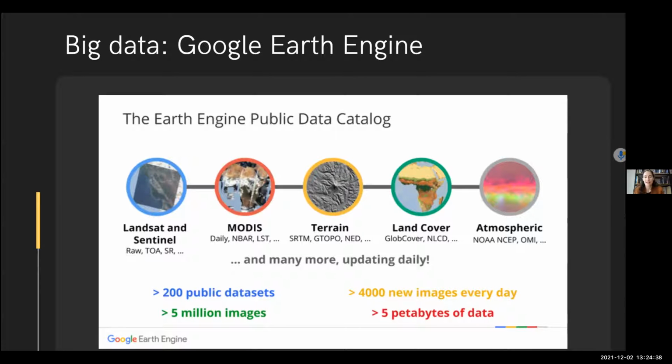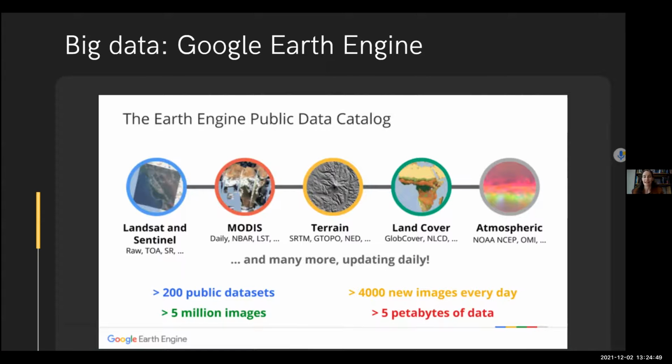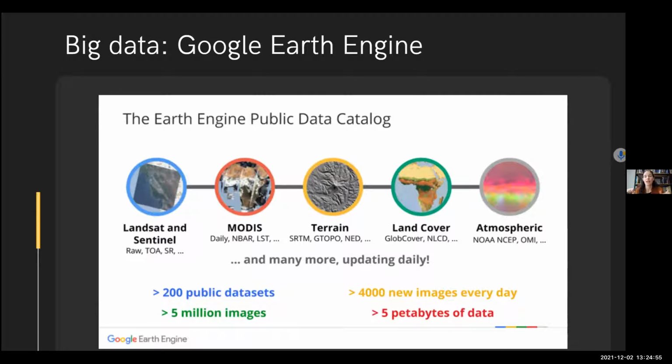So it has, this figure have a few years, but at that point, there were more than 200 public data sets, and it's adding every day, there are new 400 new images, and there are more than 5 petabytes of data.